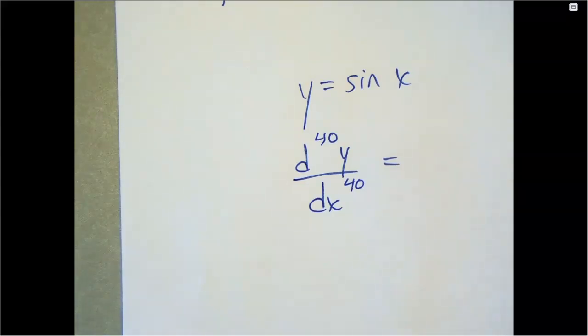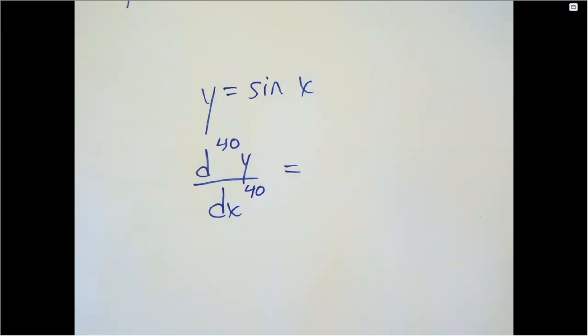40th derivative, and I do not want you to take the derivative 40 times. I can make that 400 to be the same. So don't take the derivative 40 times. Figure out a different way. So I'm going to make it 5 million, so you want to do it? Stop.